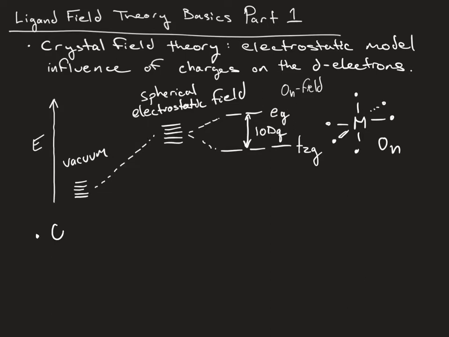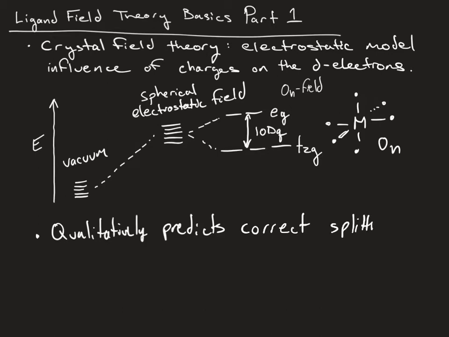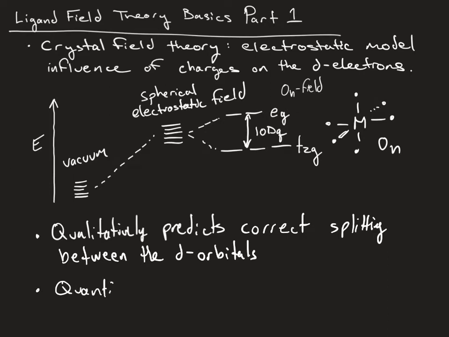This model qualitatively predicts correct splittings between your d orbitals. However, quantitatively, the predictions are actually quite poor.